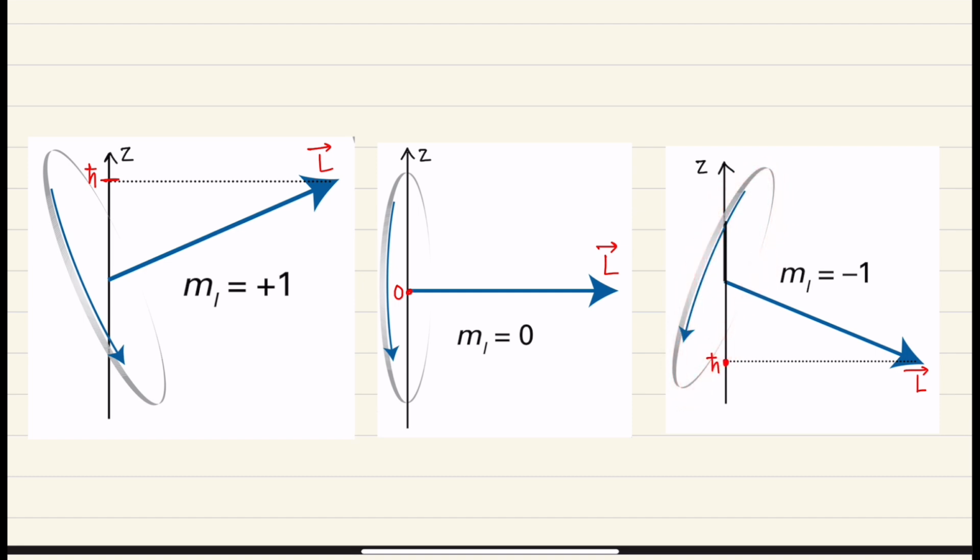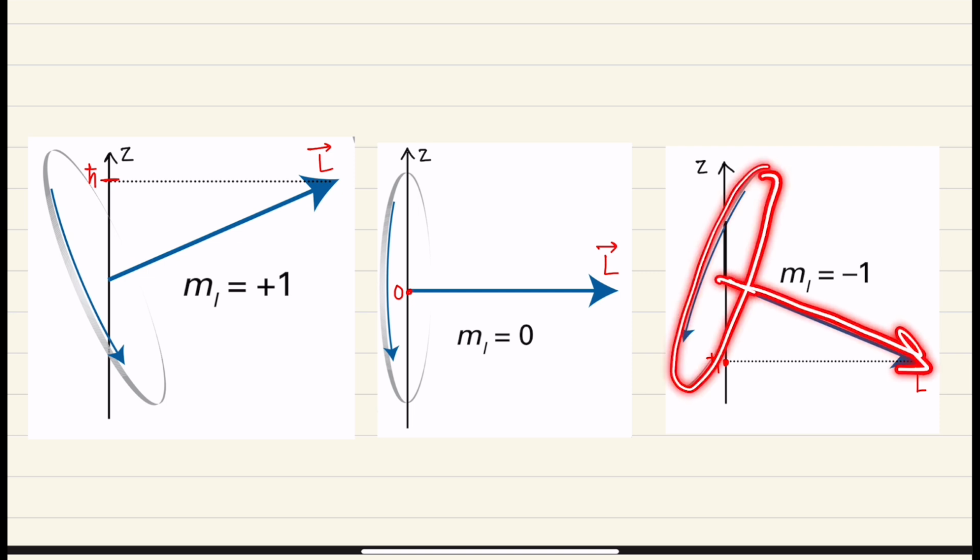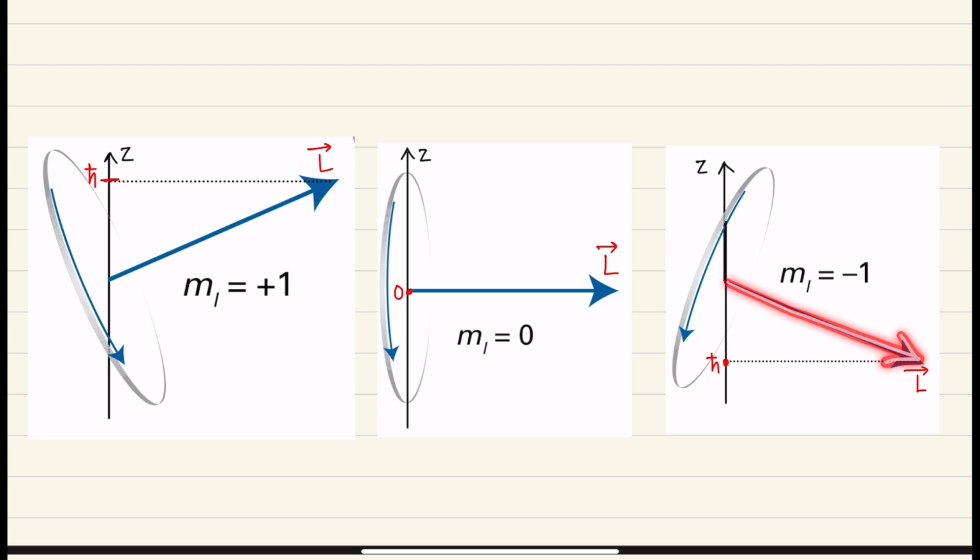Now if the electron moves in this plane, the angular momentum vector will be oriented perpendicular to this plane, and this is the projection of the angular momentum vector. If you want to find its magnitude on the z component, just extend the line and find this value.